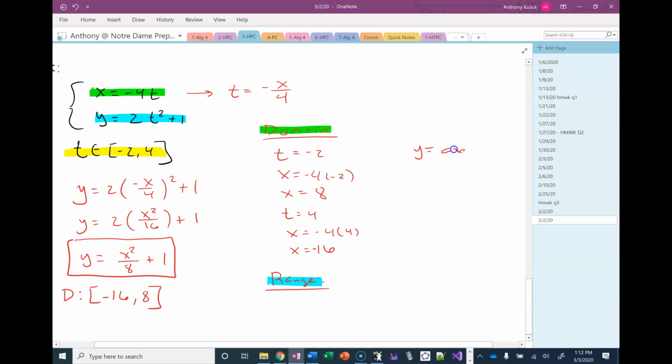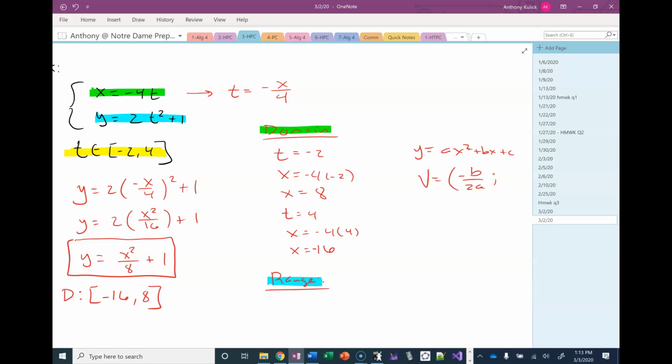So remember, for a quadratic function, the x coordinate of the vertex is found by negative b over 2a. You guys remember that from your Algebra course? So what is the t coordinate of the vertex going to be for y equals 2t squared plus 1?